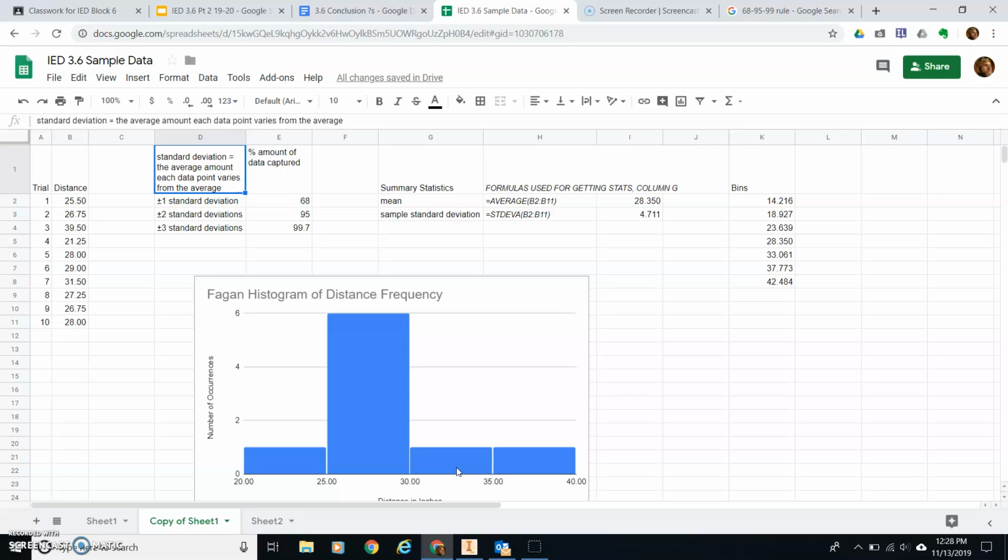So if I go 2 standard deviations away from the mean, and again, my mean, I'm going to bold this so it's easier to tell, is 28.350. So now I'm looking at a range from 18.927 all the way up to 37.773.